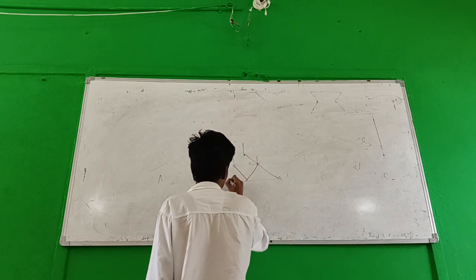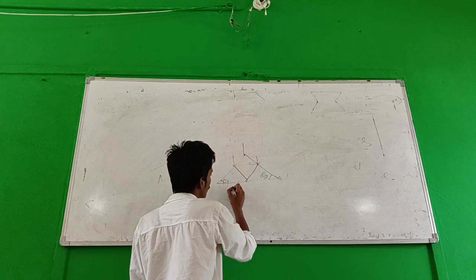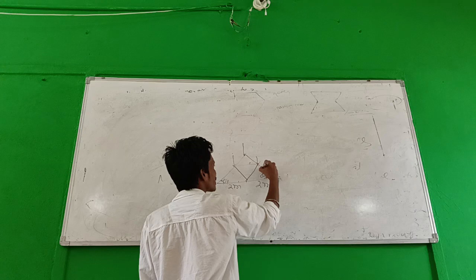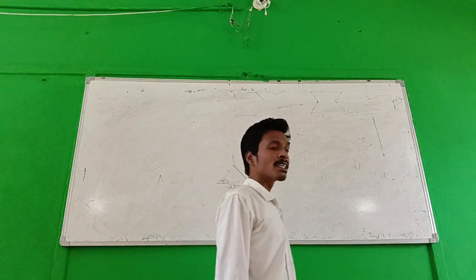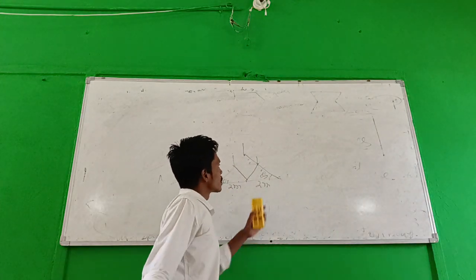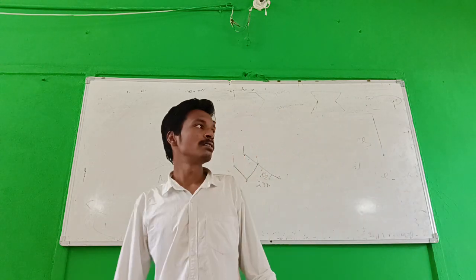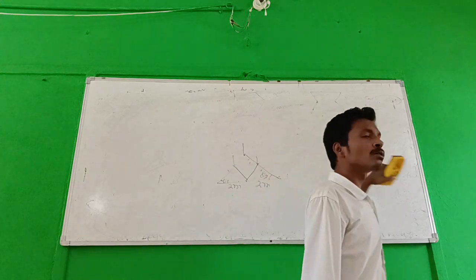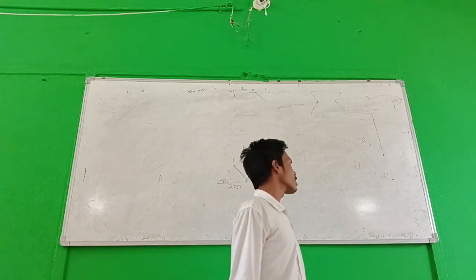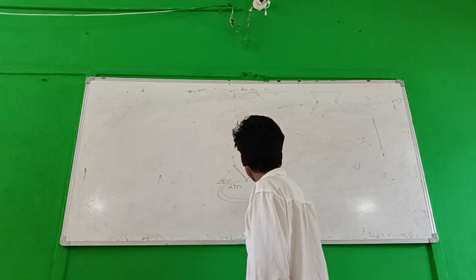This is some angle theta 1, this is some angle theta 2, and this distance is 2 meters. After applying some force, the angle is going to change, and then the calculation will be tough.